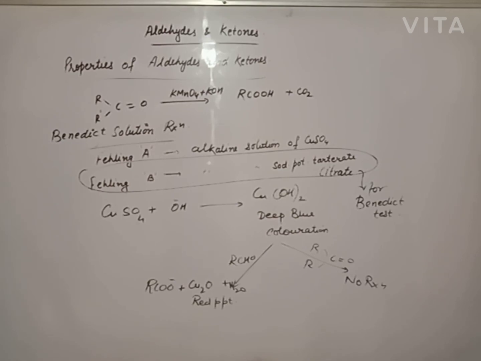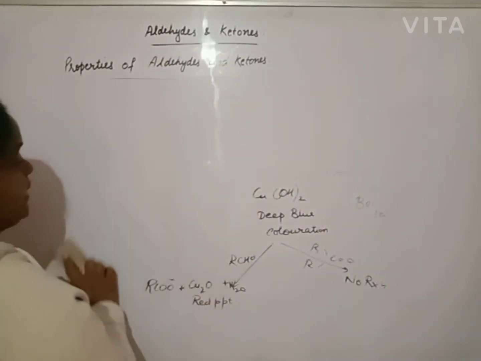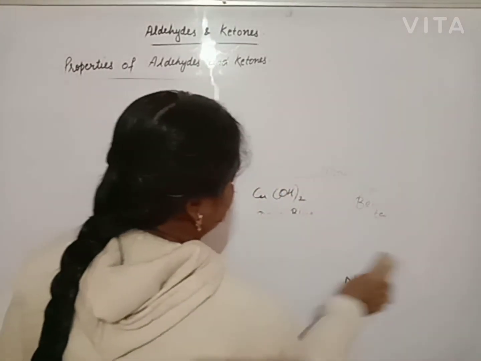Now, reduction. Another classification of property, the fourth property, is reduction.